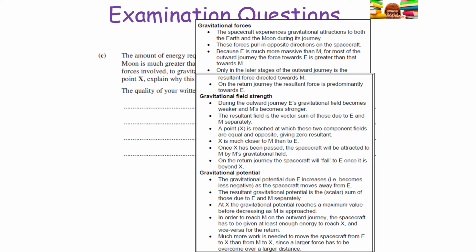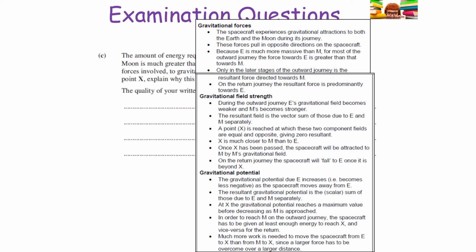Now in terms of gravitational field strength, as you're leaving the Earth's gravitational field, and it's a radial field, the Earth's gravitational field becomes weaker and the moon's becomes stronger, because you're going towards the moon, so you're going into that radial field but out of the Earth's radial field. The resultant field strength is always going to be the vector sum of the Earth's and the moon's gravitational field strength acting on this particular probe.